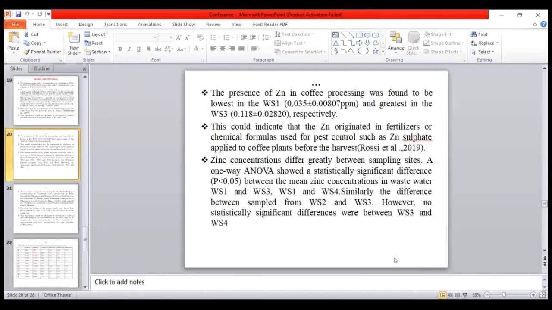And the zinc concentration was lowest in site 1, which is greatest in samples in site 3. This could indicate that the zinc originated in fertilizer or chemical formulas used for pest control.